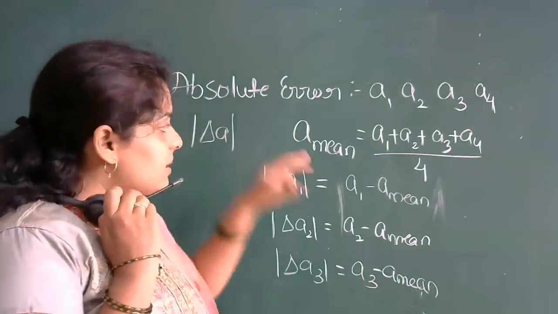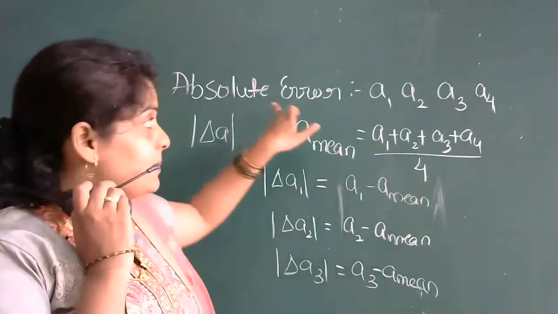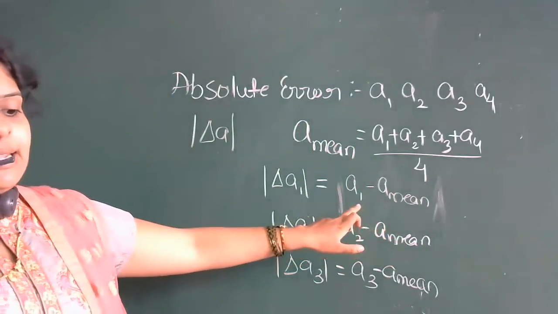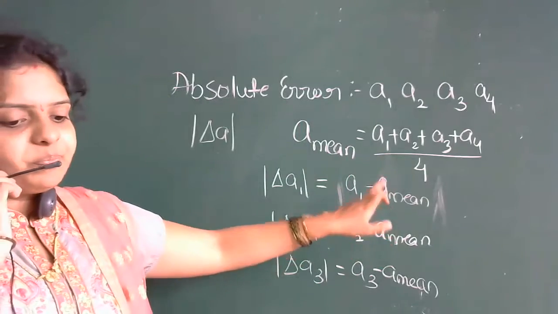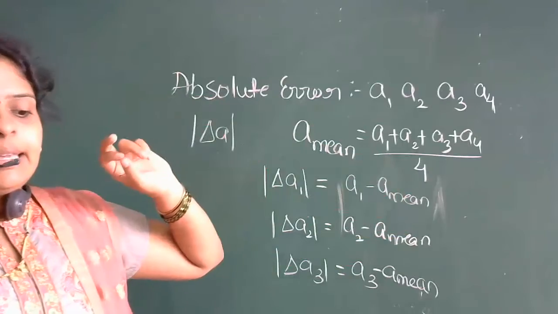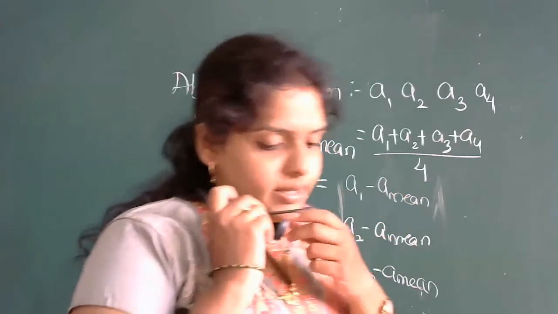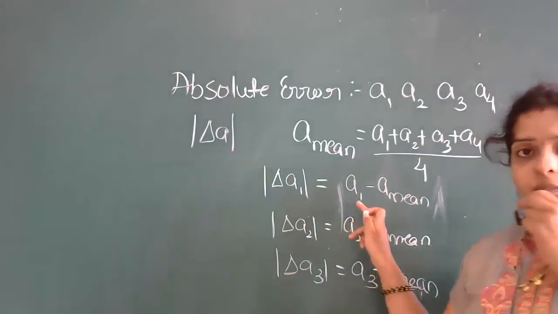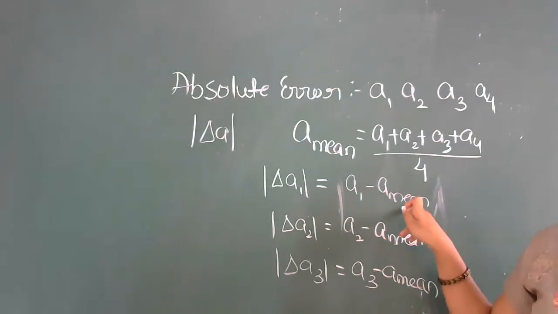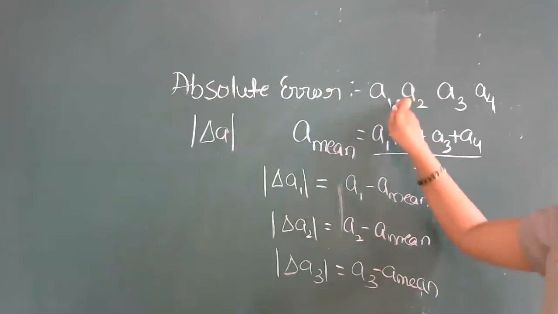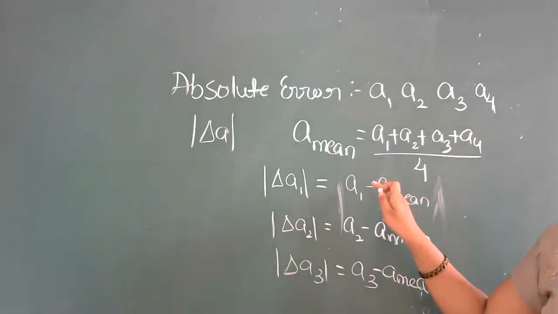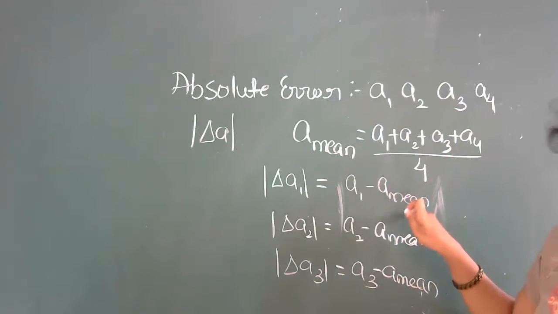Then how can you define this? Absolute error is the difference between the measurement and the value of the quantity. It is the difference between the individual measurement and the true value.